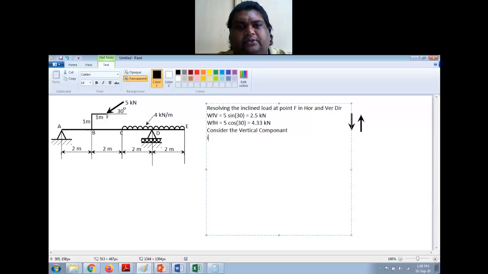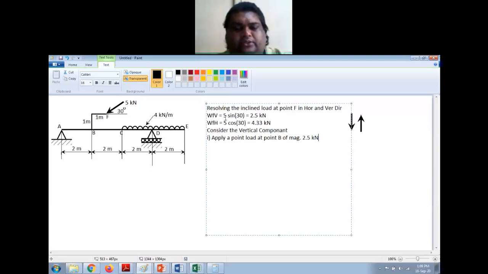So the first result of this is, apply a point load at point B of magnitude how much? The vertical force is 2.5 kilonewton, right? That is the first thing that we do with the vertical force.